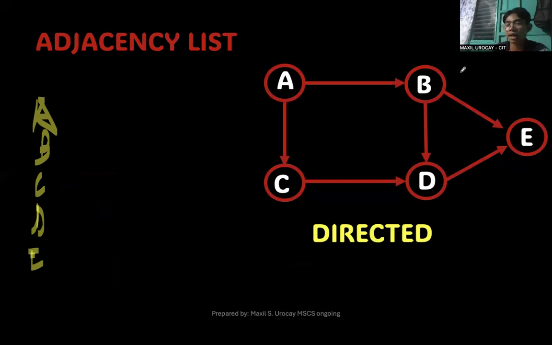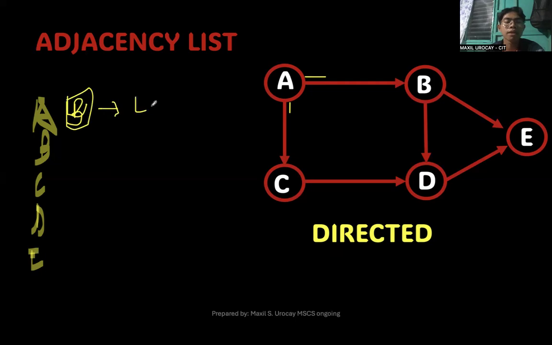You will still count the outgoing arrows only. You will not count the incoming arrows. So A is pointing to B as well as to C.